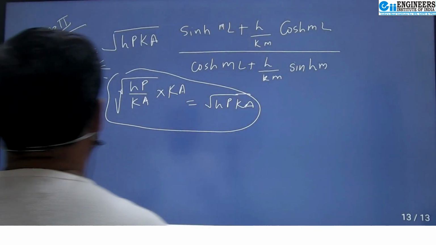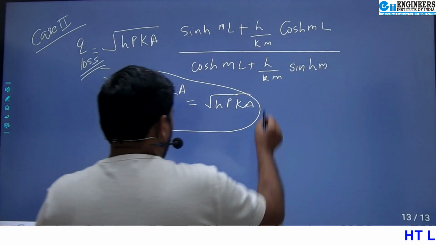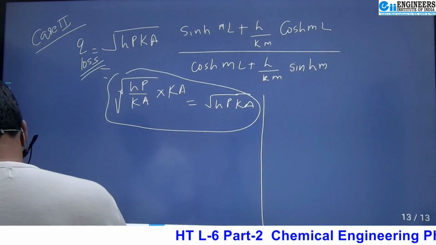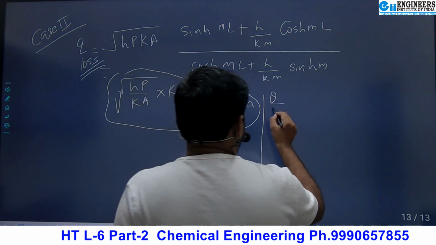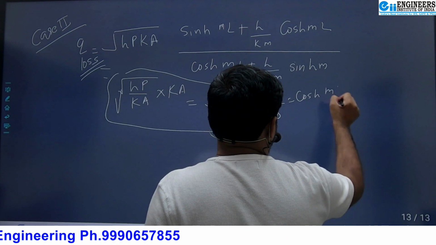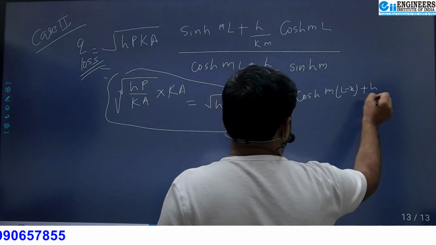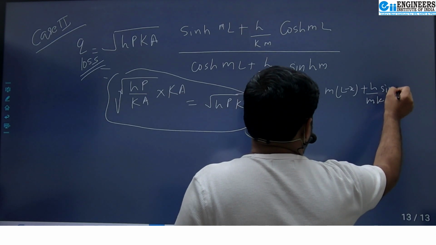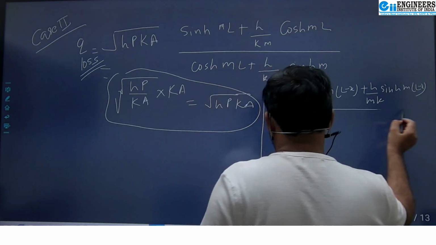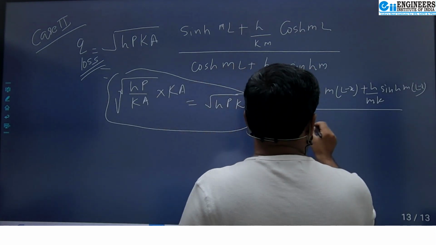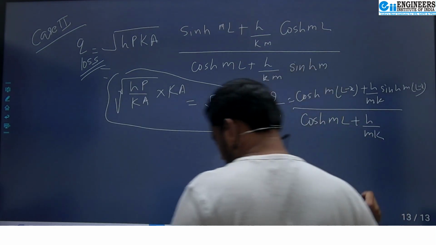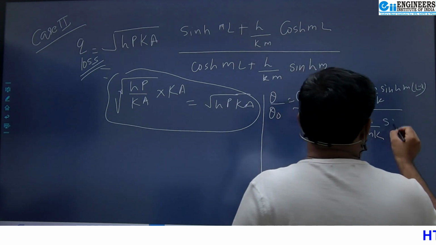This expression. So in this case we have found two relations. First is theta by theta naught is cosh m(l minus x) plus h by mk sinh m(l minus x), divided by cosh ml plus h by mk sinh ml.